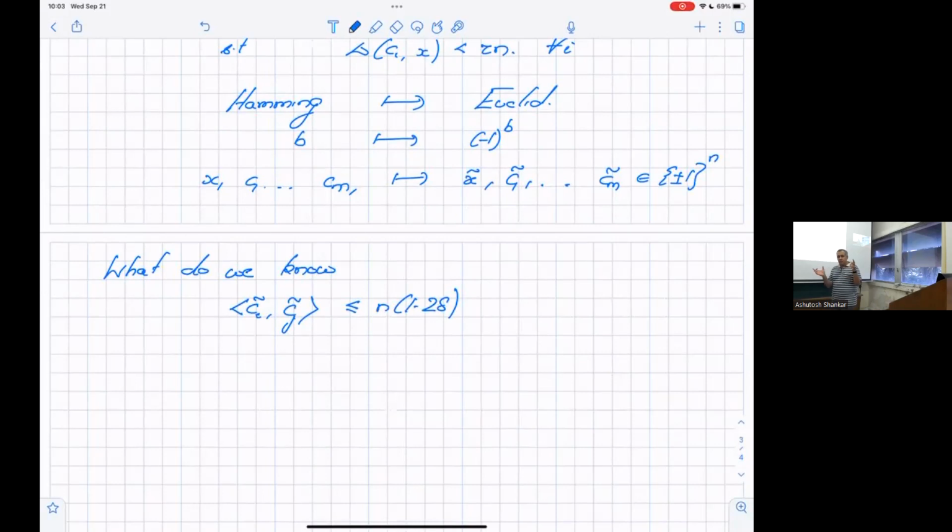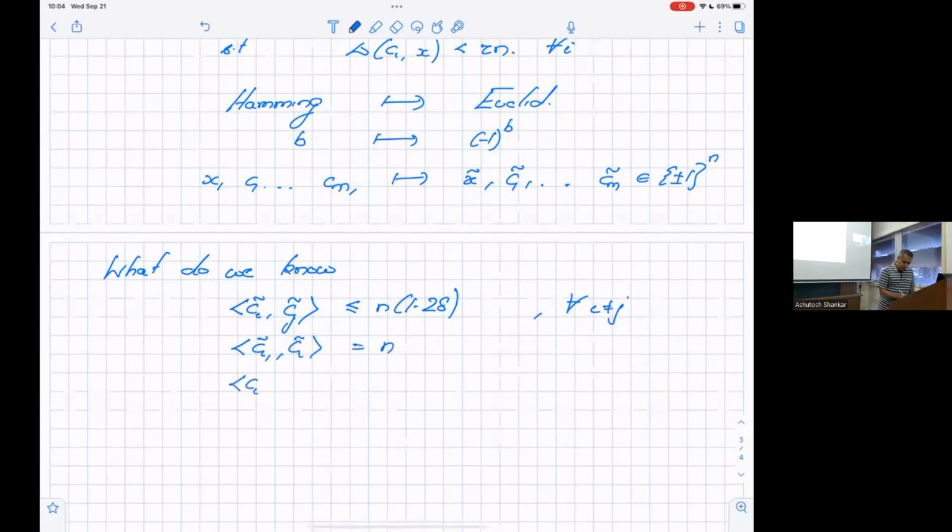So these are all points, the Ci tildes, which make a large obtuse angle with each other. This is for all i not equal to j. And of course, we also have the fact that the inner product of Ci tilde with itself is equal to n.